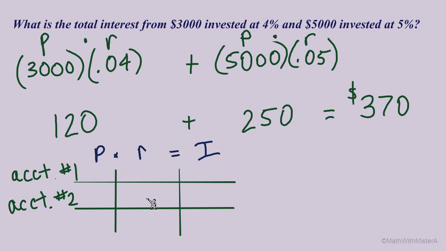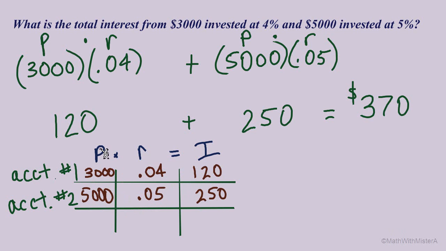We have the formula written above the table, so it's clear what each box represents in terms of the quantities. To fill in this table for this problem, the first account will be $3,000 at 4%. The second account, $5,000 at 5%. Now that we've filled in the known information, we can multiply across each row to calculate the interest. There's where we would find the $120 from the first account, $250 from the second account.